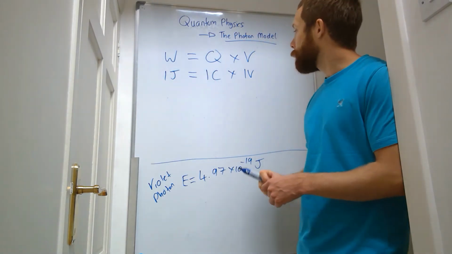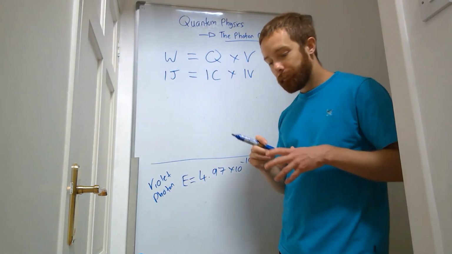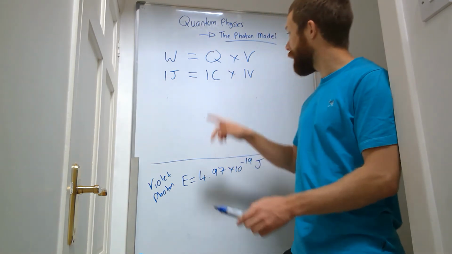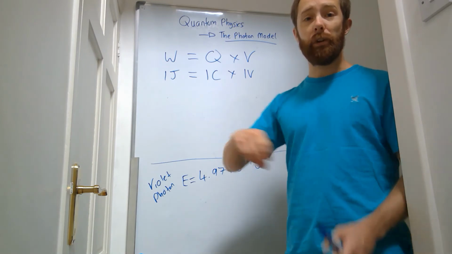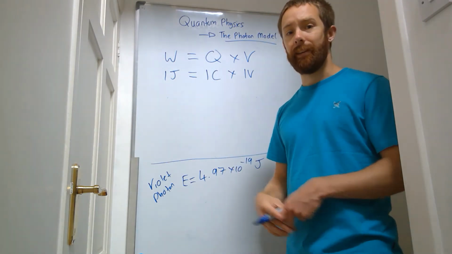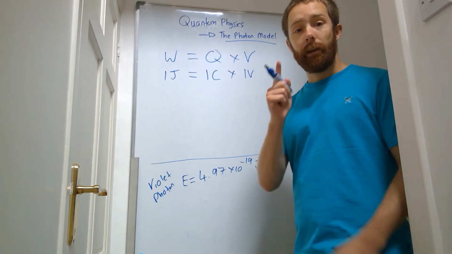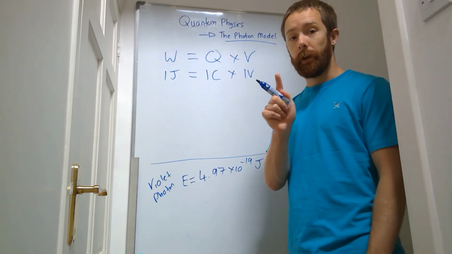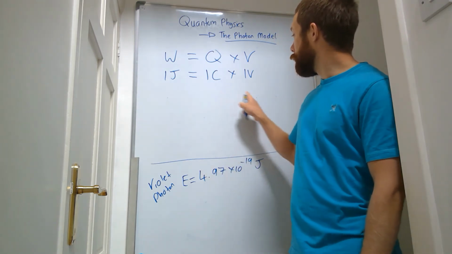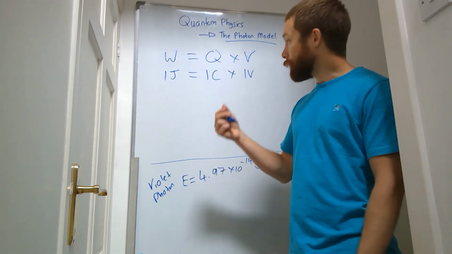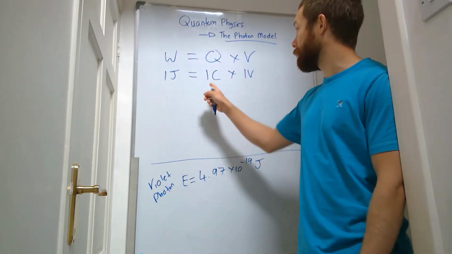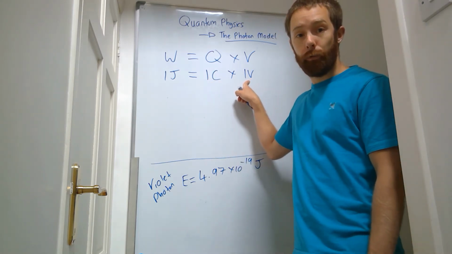Okay. Now, what we do is we say that we're going to use a much smaller amount of charge here. Rather than having 1 coulomb of charge, which we know to be about 6 times 10 to the 18 electrons, we're going to say we have 1 electron. We're going to ask how much energy a single electron would gain if it accelerated across a potential difference of 1 volt.